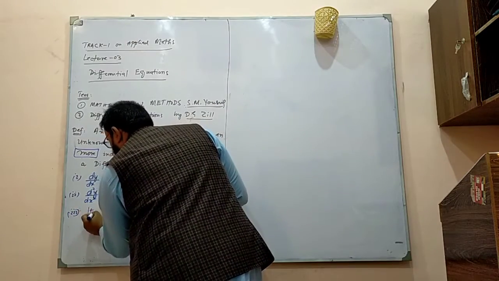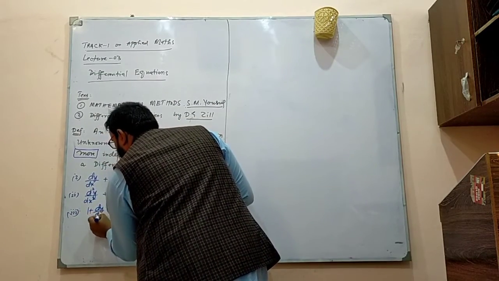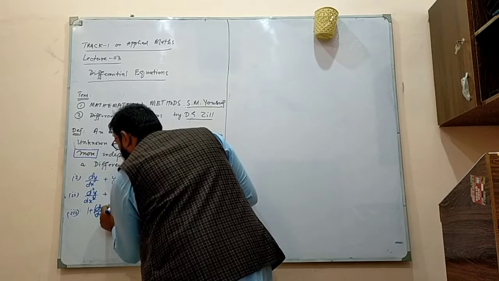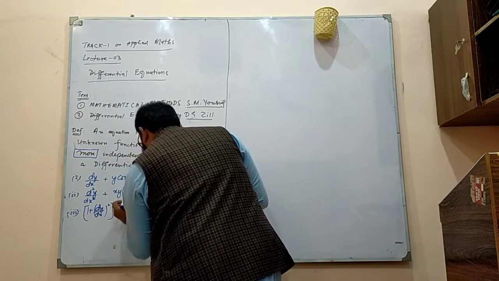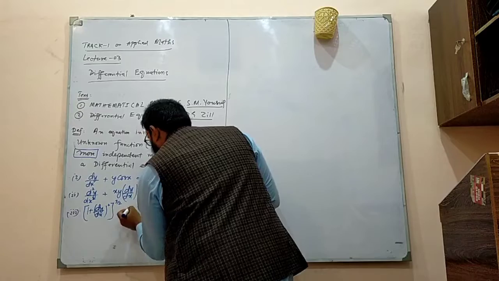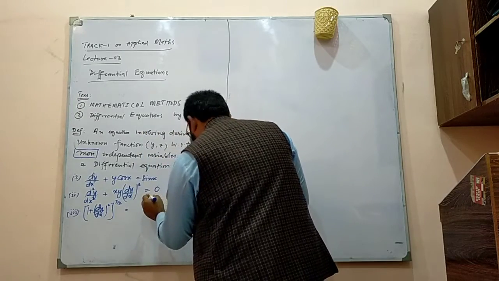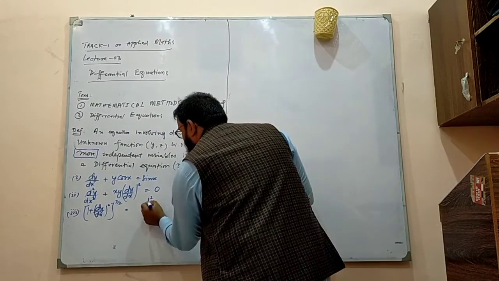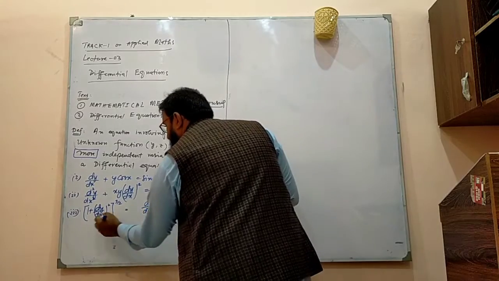So this is (1 + dy/dx)^2, whole power 3/2, equals d²y/dx².